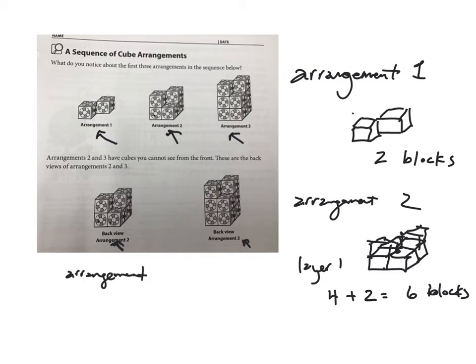Okay, and we can just assume that this is going to continue, right? We've got 2 layers and we say, all right, well, let's make now like a little formula for this. We have a layer of 4 and we have 2 of those layers plus my 2 blocks that are on the top.